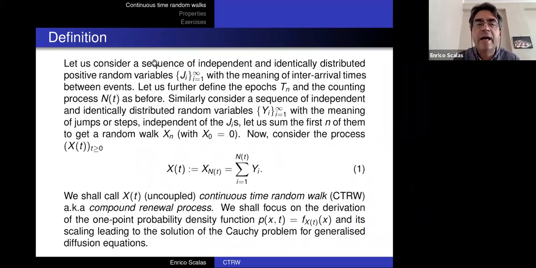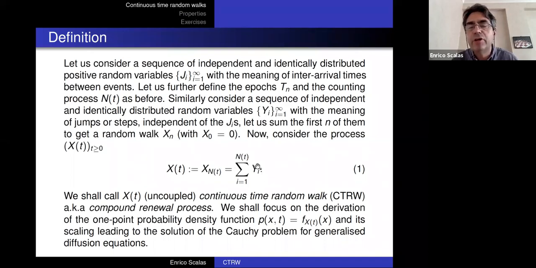So we will have another sequence of random variables, independent and identically distributed, this time positive, with a meaning of inter-arrival times between events. Then, as we did this morning, we can define the epochs and the counting process, and then essentially we take a time change random walk with the time change given by the renewal process.